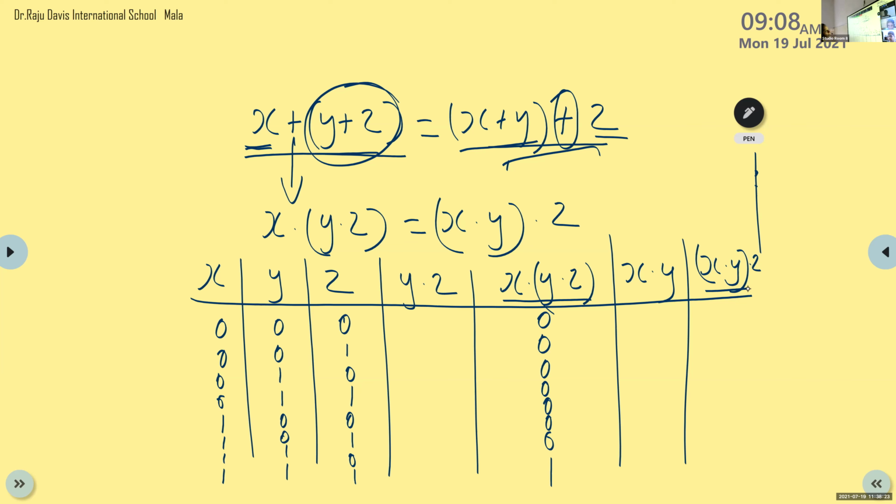X dot y dot z, last column? Same. Okay. Naveen, is your answer correct? No. Okay, okay.